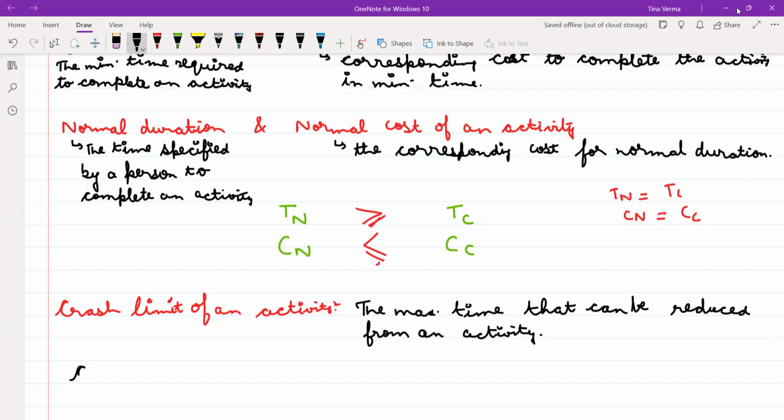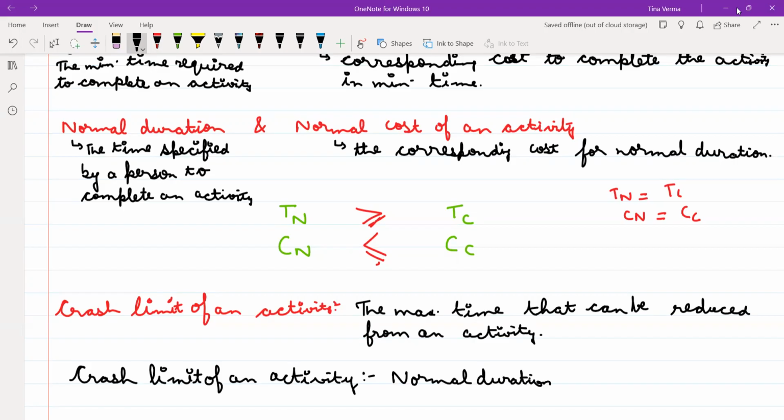The formula for this is: crash limit of an activity is the normal duration, or your current duration, minus your crash duration.